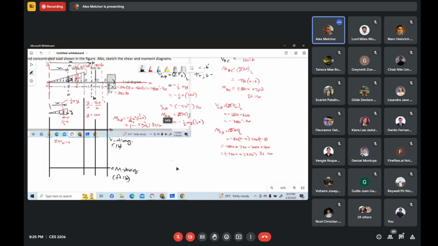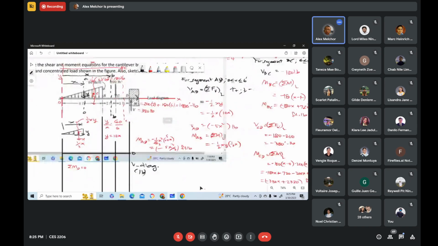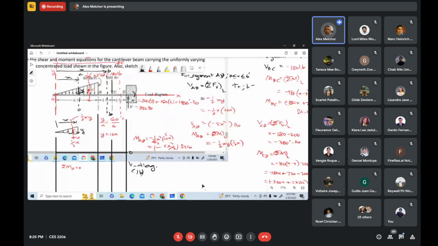Okay, so what is now the shear at A? At A, x is 0. So here, when you substitute 0 to x, the shear at A is 0. So you write here 0. Then what is the shear at B? B is within segment AB, so you can use this.